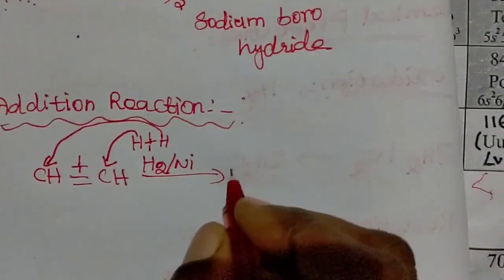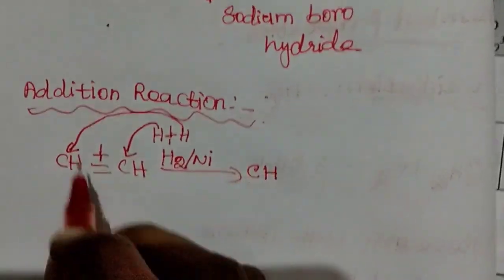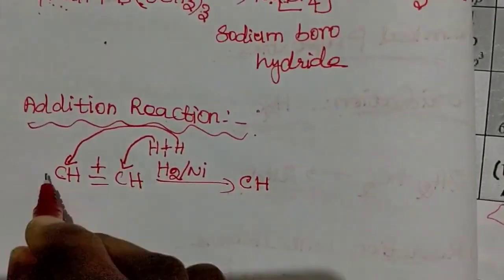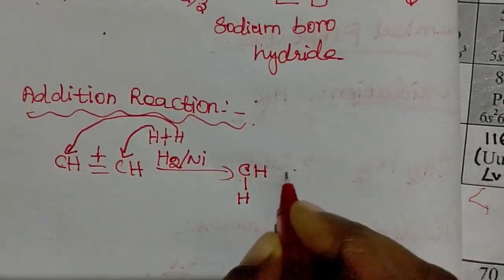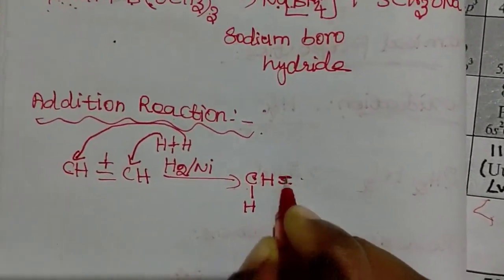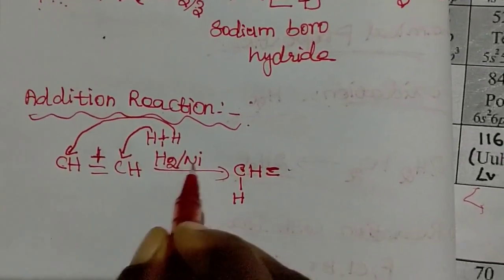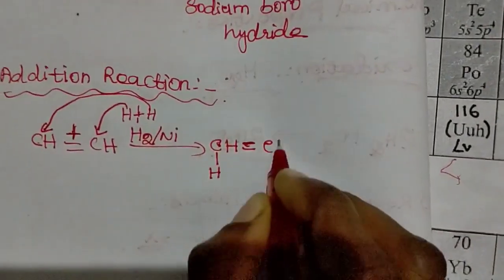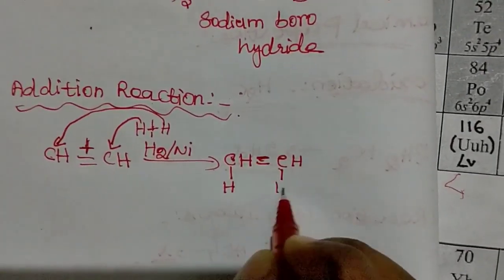The product of this reducing reaction is CH double bond CH, double bond because one bond is broken by nickel.